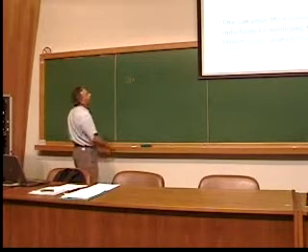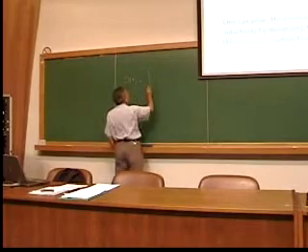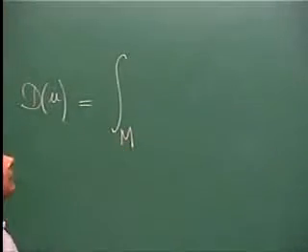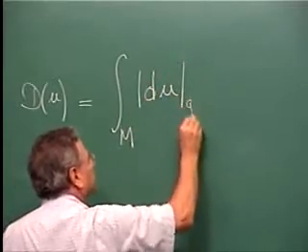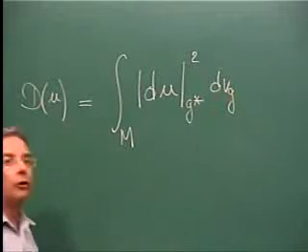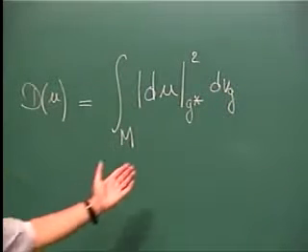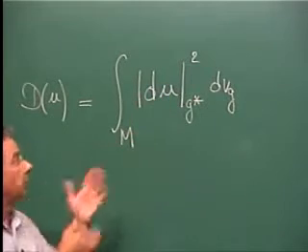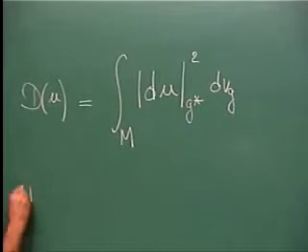So D of u is, let me write it a little bit differently, the norm of the differential of u. You take the norm with respect to the Riemannian metric, squared, and you integrate with the Riemannian measure. Okay, that's the Dirichlet integral. And of course here there is a mistake.